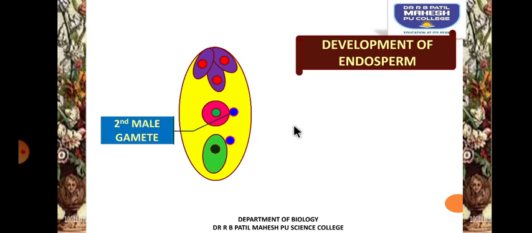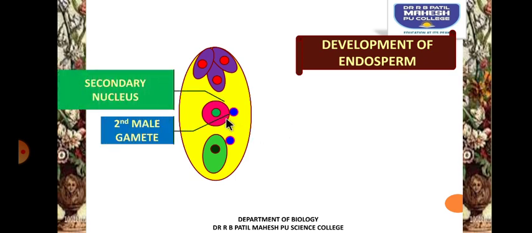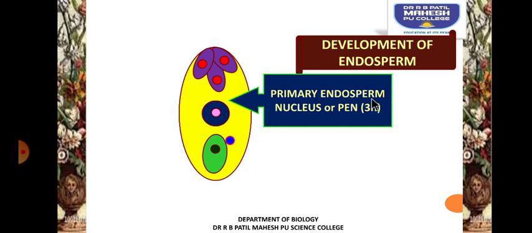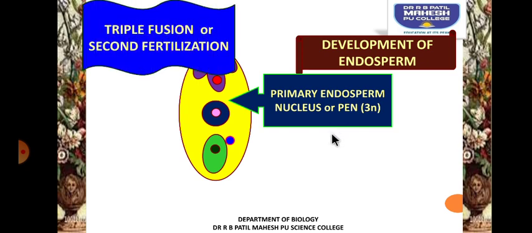So what happens? The second male gamete will fuse with what? Secondary nucleus. See there, what happened? There is a formation of the primary endosperm nucleus, which we abbreviate as PEN, that is triploid in nature. Now this is called triple fusion, or second fertilization.